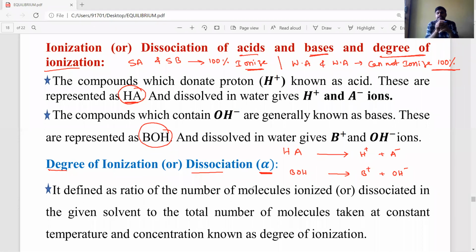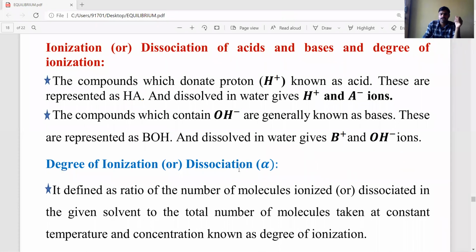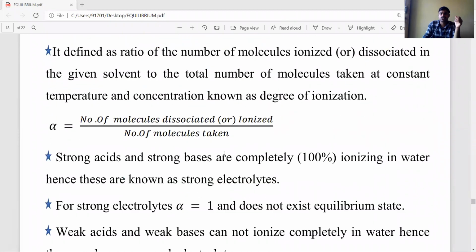That ratio is known as the degree of ionization or degree of dissociation, represented by alpha.